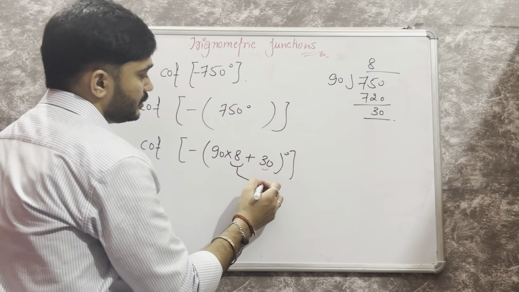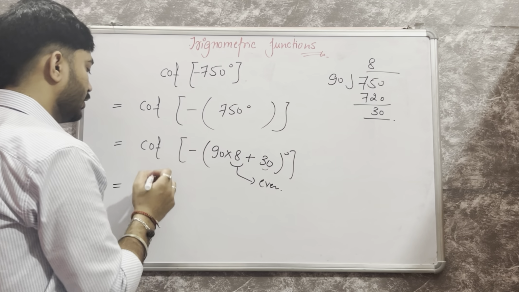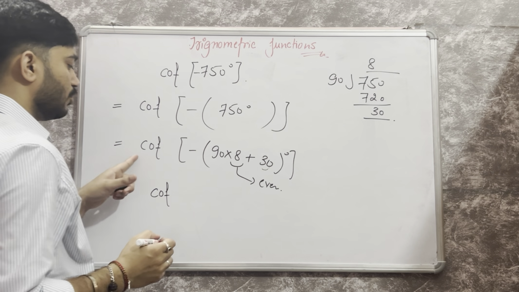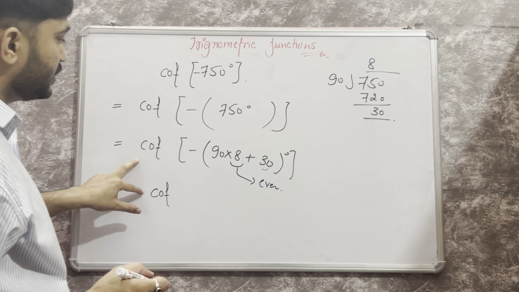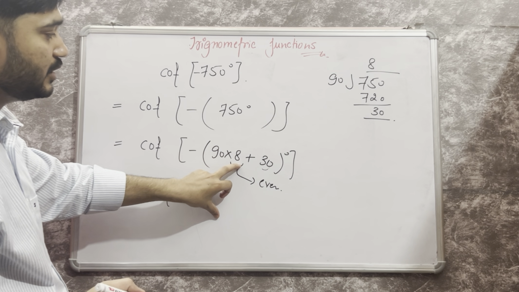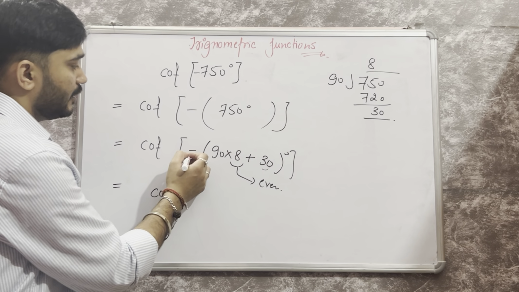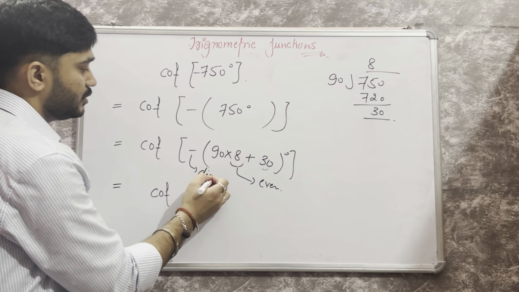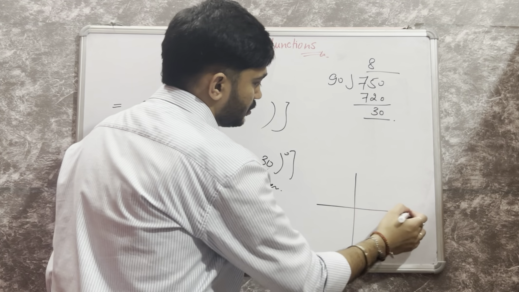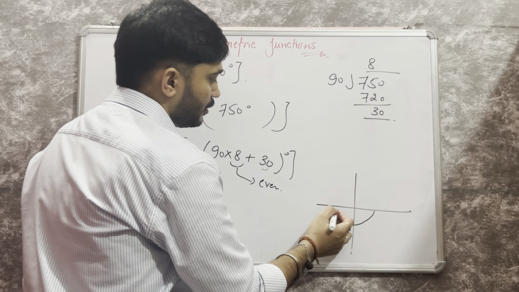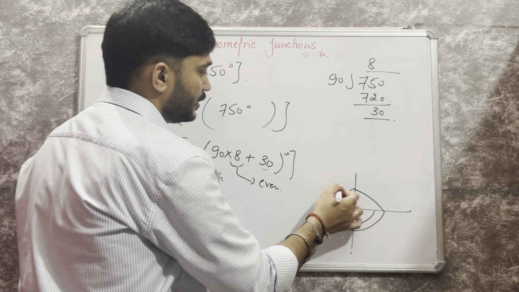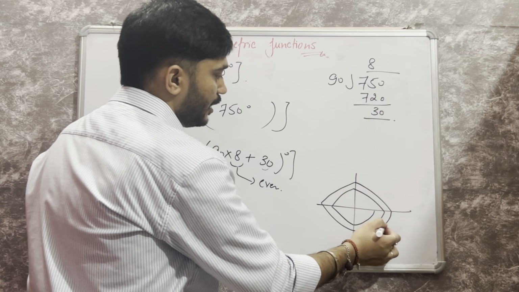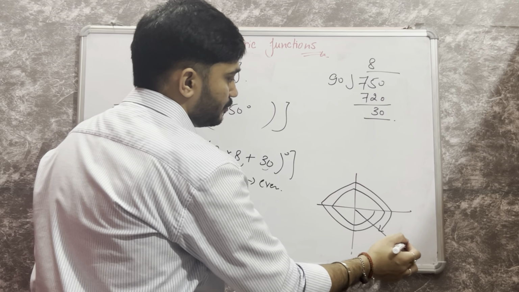Here the number is even, so we are not going to change the name of the function. The trigonometric function will remain as it is because here the number is even. Negative sign is only for direction. 190, 290, 390, 490, 590, 690, 790, 890, and after that it will come in this.